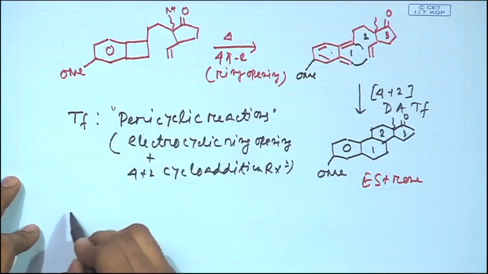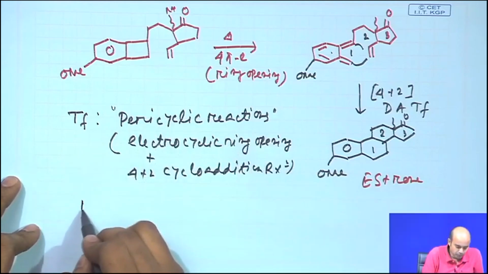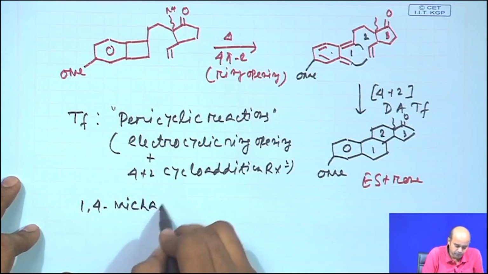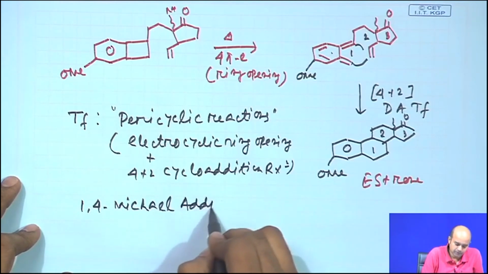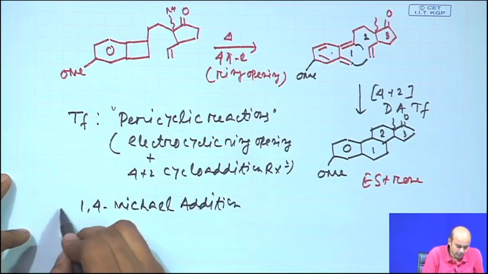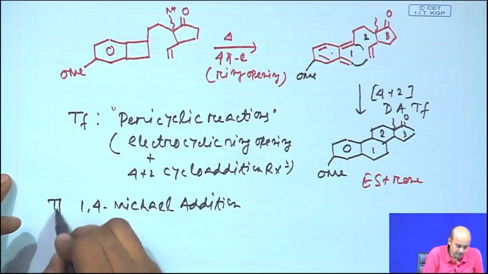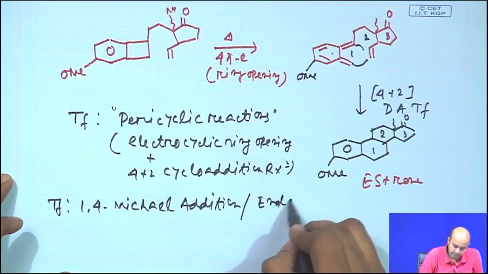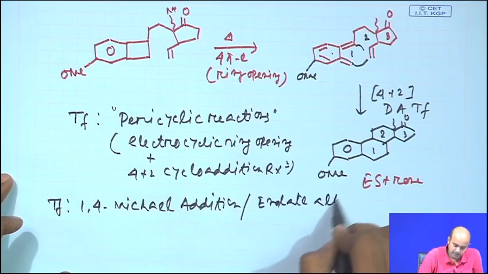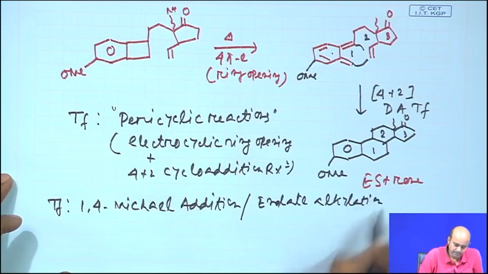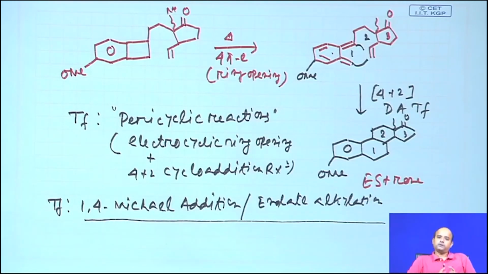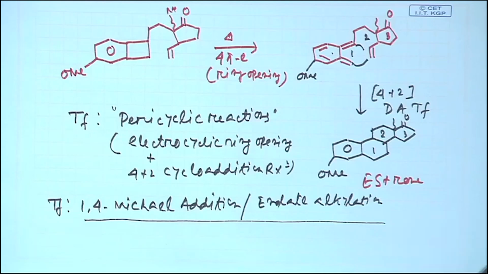The beginning, what do we use? We basically use a 1,4 Michael addition with a properly substituted Gilman reagent. So, 1,4 addition or Michael addition type of reaction with enolate alkylation. So, all this proper combination of different reactions makes this whole process very useful and very successful.